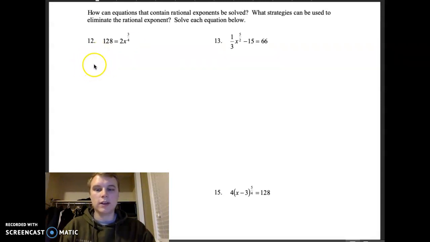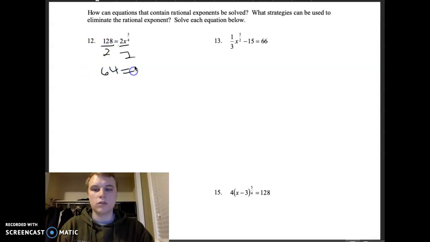We have 128 equals 2x to the 3/4 power. My first step is to get the 2 out of there, so we're going to divide both sides by 2. Then we get 64 equals x to the 3/4.